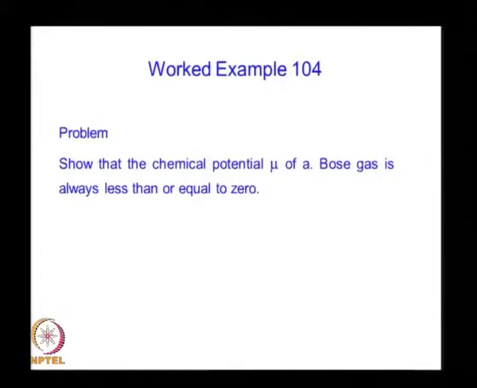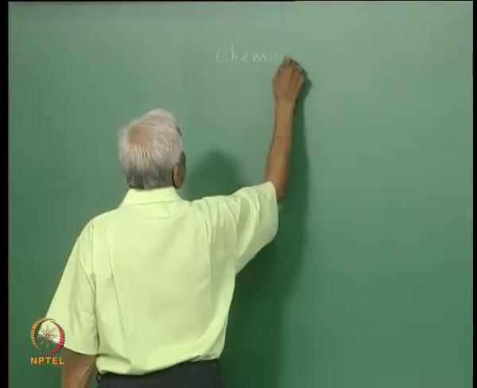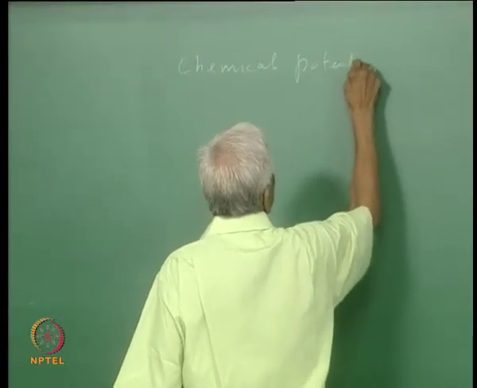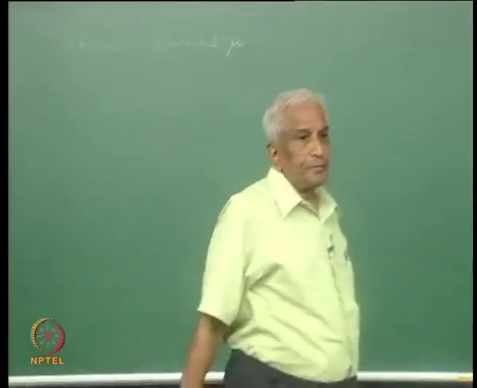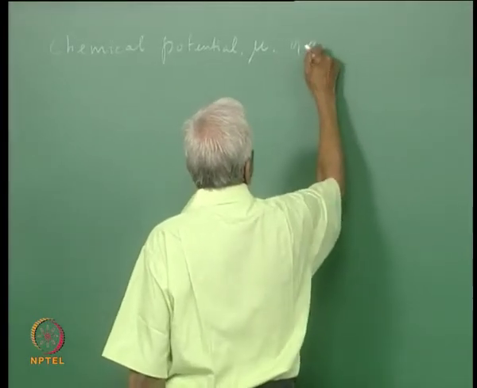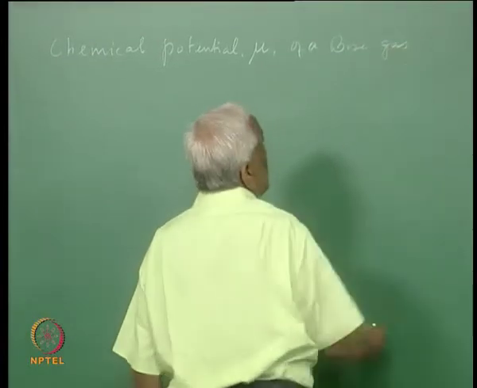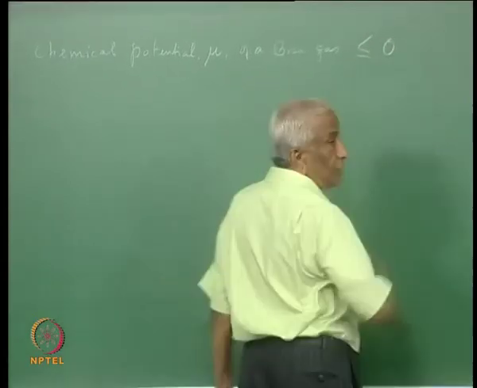The first example is one in which we are asked to show that the chemical potential, typical symbol mu, of a Bose gas is always less than or equal to 0.